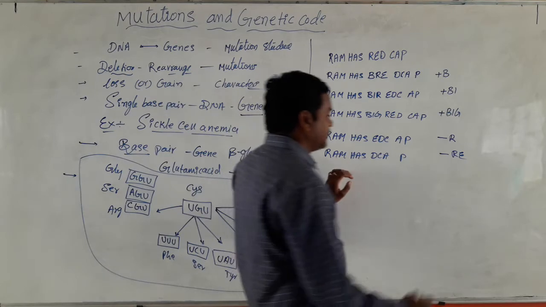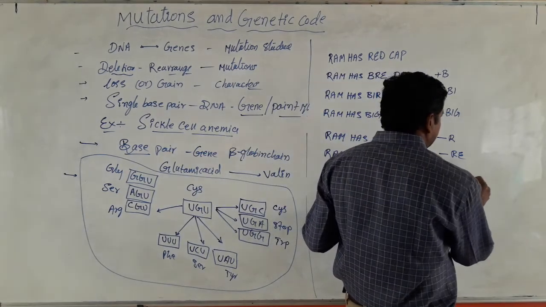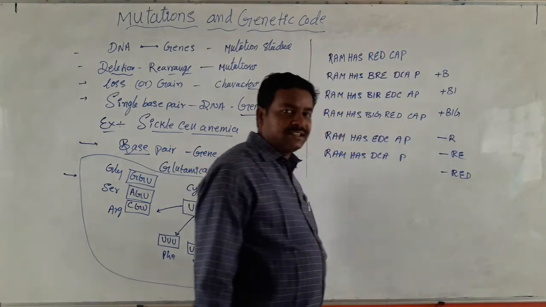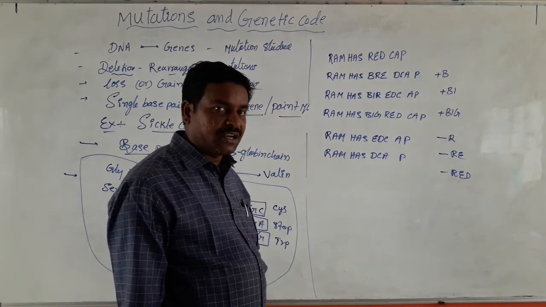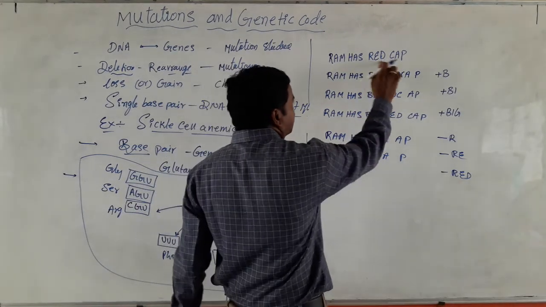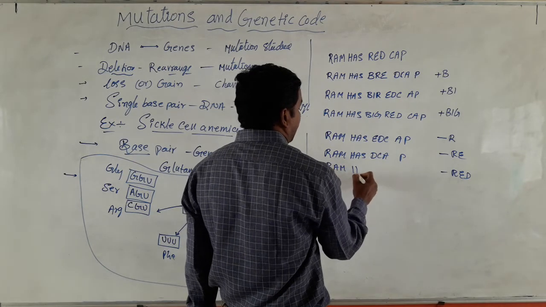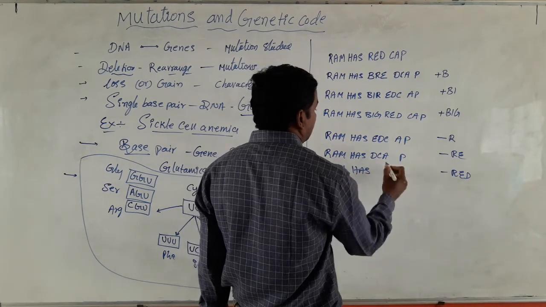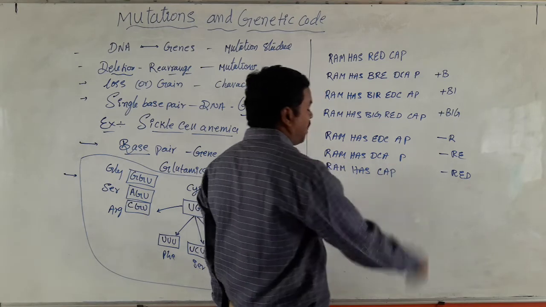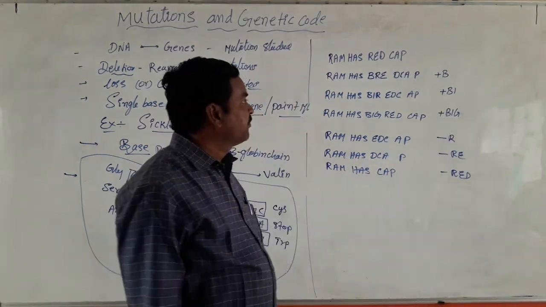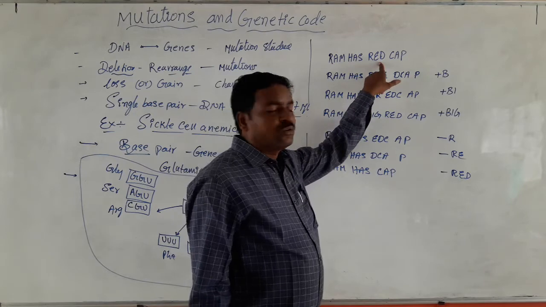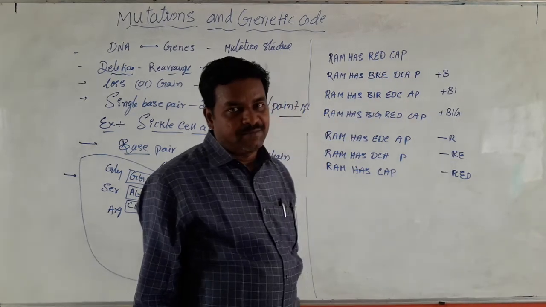For example, three letters R, E, D are deleted at a time. What happened? Now three letters are deleted: Ram has cap. Ram has cap. The complete codon is deleted.